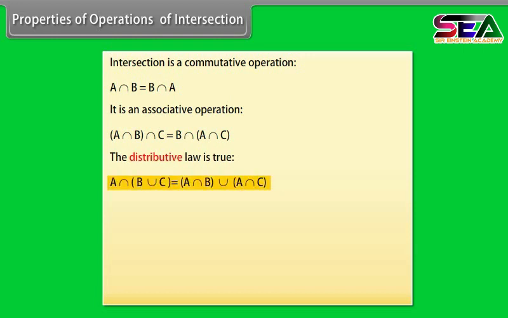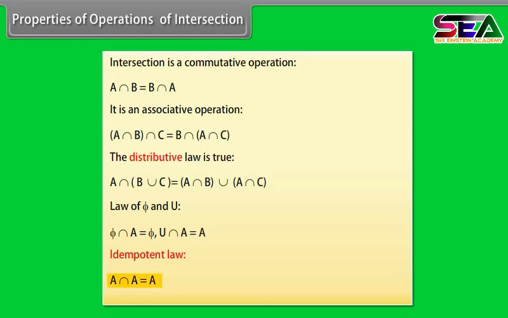A intersection B union C is equal to A intersection B union A intersection C. Law of phi and U. Phi intersection A is equal to phi, U intersection A is equal to A. Idempotent law. A intersection A is equal to A.